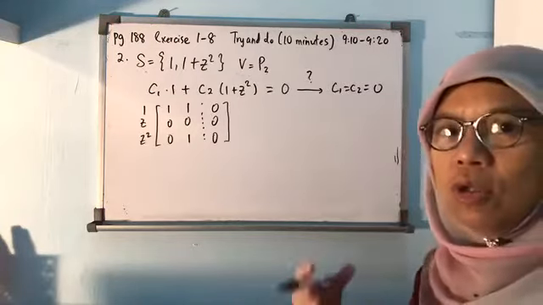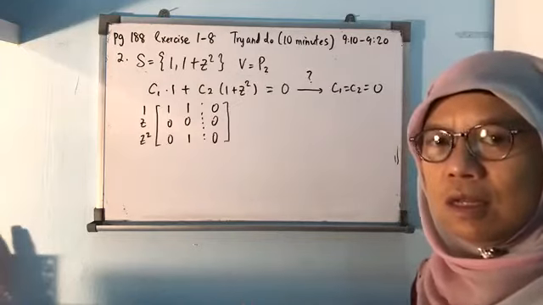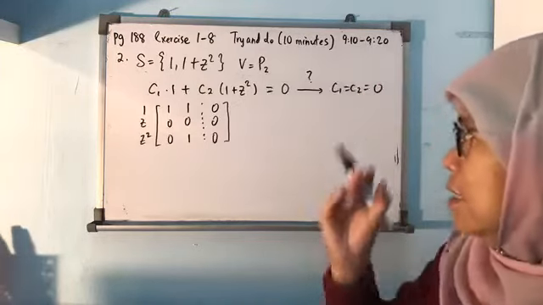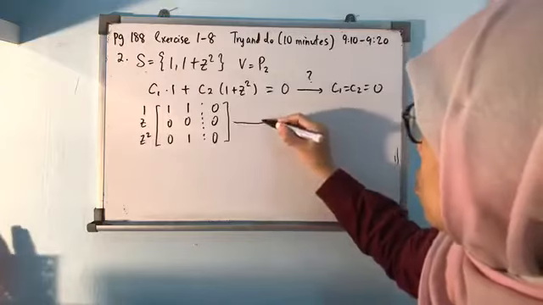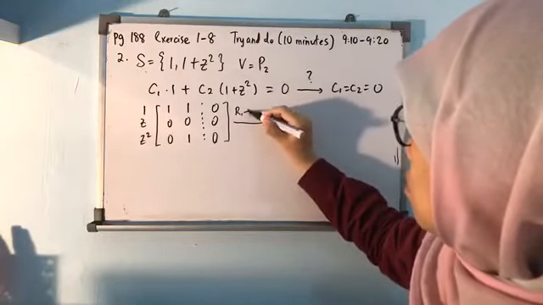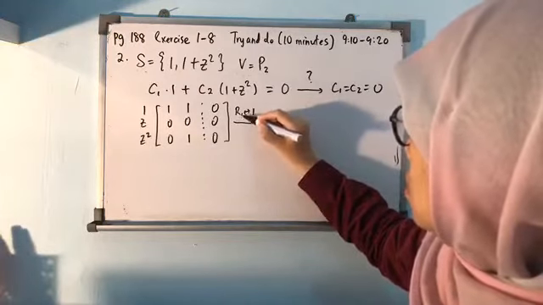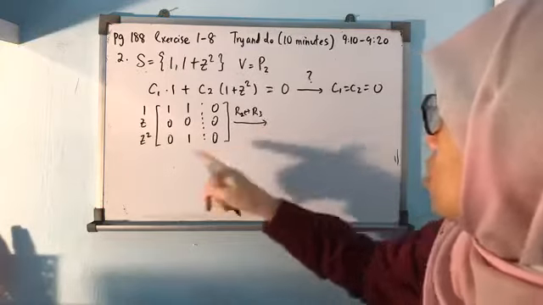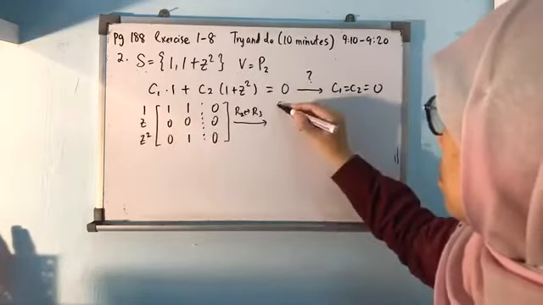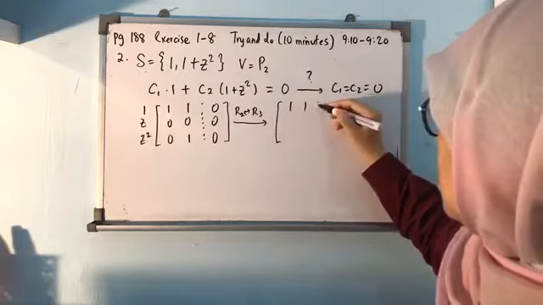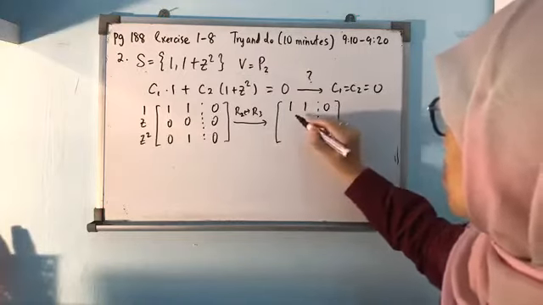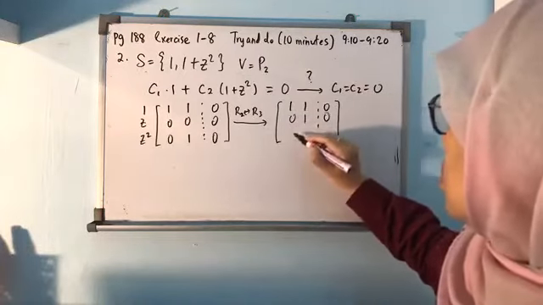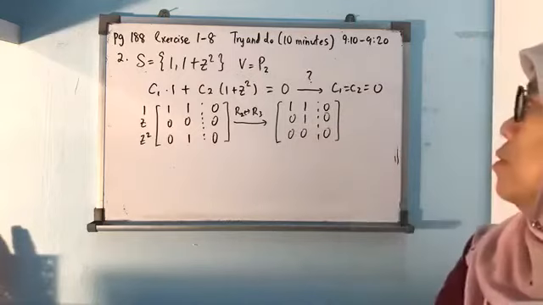If it is not all 0, then it's linearly dependent. So change row. Oops. Row 2 and row 3. Change. 1 1 0, 0 1 0, 0 0 0.